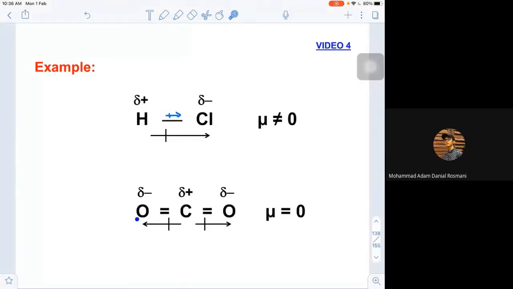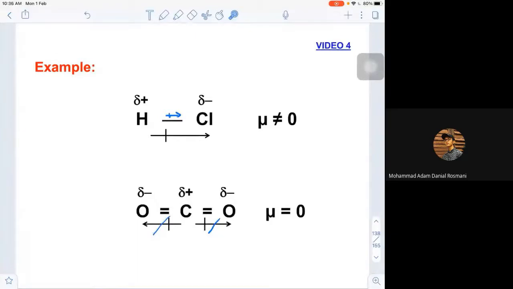However, since the shape is linear, the dipole moments cancel out each other. It will make the resultant dipole moment, or the final dipole moment, equal to 0. So carbon dioxide is a non-polar molecule.